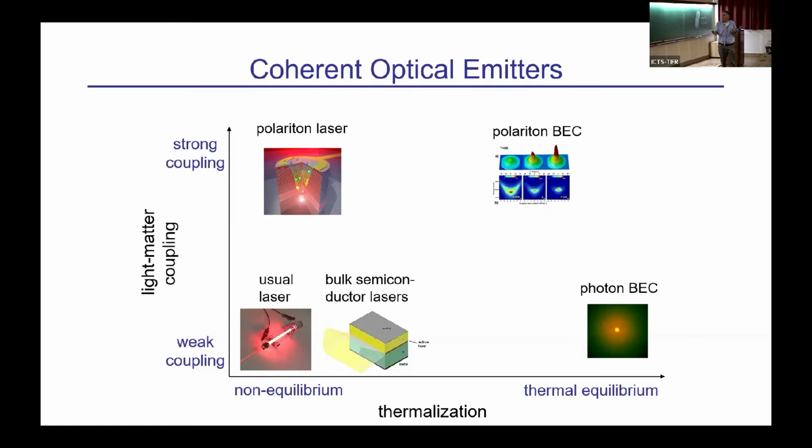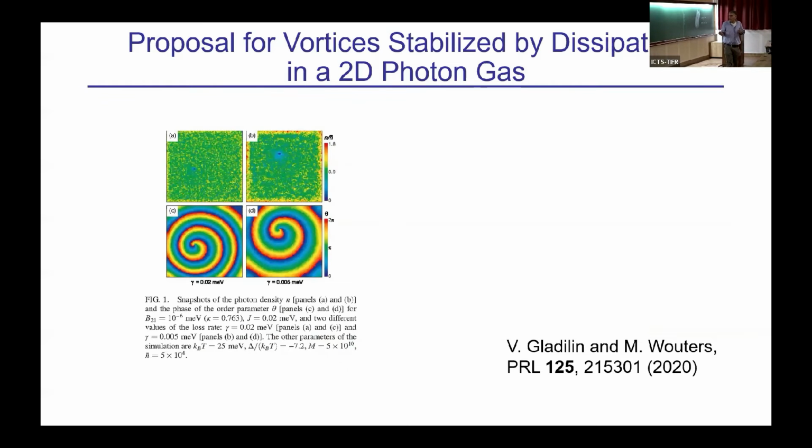And what relates perfectly to this conference is a proposal by Michael Wouters. I don't know whether he will mention it, his talk is tomorrow. He will mention it, as I understand, also. But I will just briefly mention it as a teaser for that.